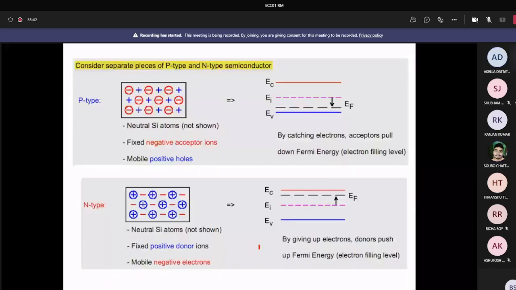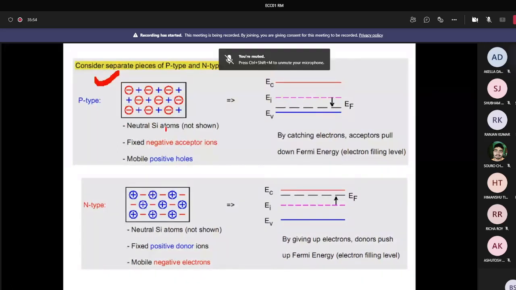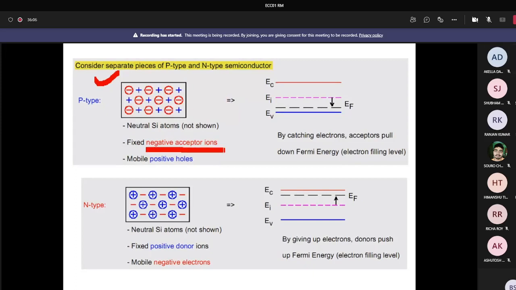So if I want to draw schematically this p-type semiconductor, what charges will you have? Maybe some neutral silicon atoms that are not substituted. Then these negative acceptor ions will be there in p-type, given by the red circle with minus.